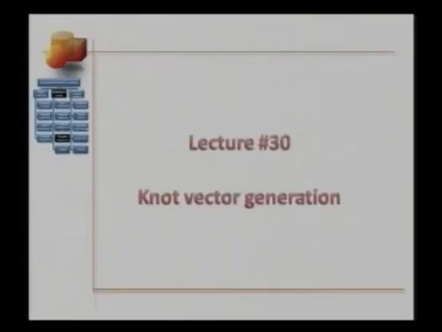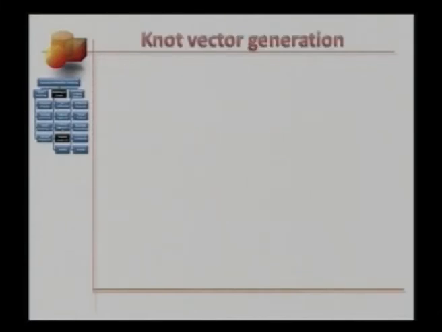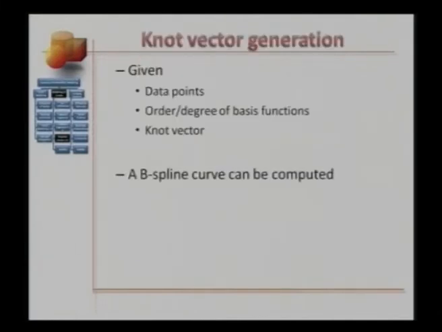Today, we will concentrate specifically on knot vectors, knot vector generation. So, if you are given data points, degree of basis functions, and the knot vector, a B-spline curve can be computed.